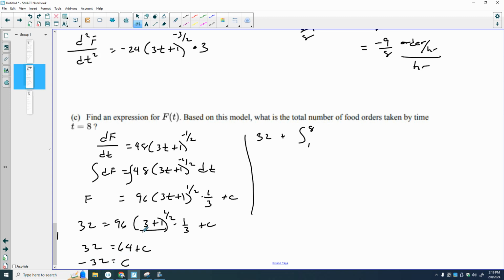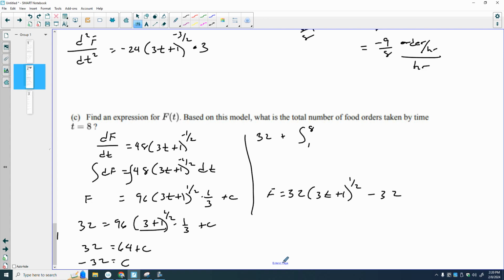Okay, take that negative 32, put it right back in here. So I have f equals 32 times 3t plus 1 to the 1/2 minus 32.